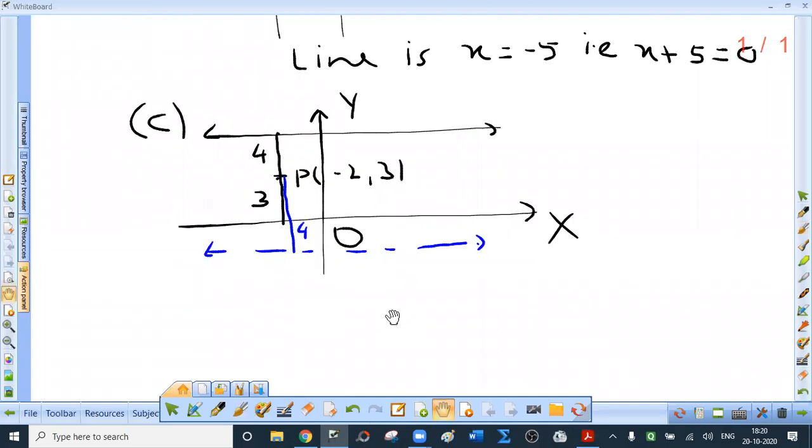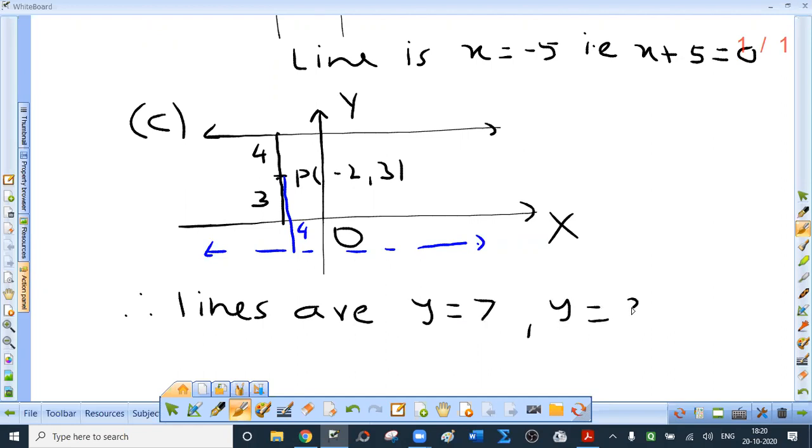Therefore, the lines are y equal to 7 and y equal to 3 minus 4, that is minus 1. So there are two such lines.